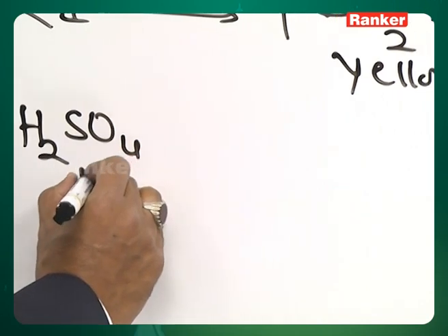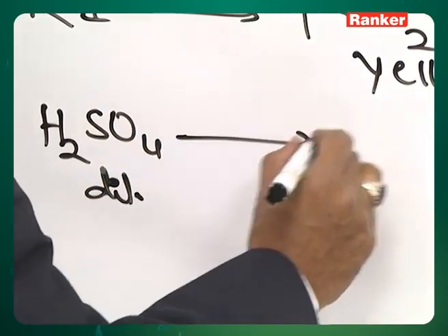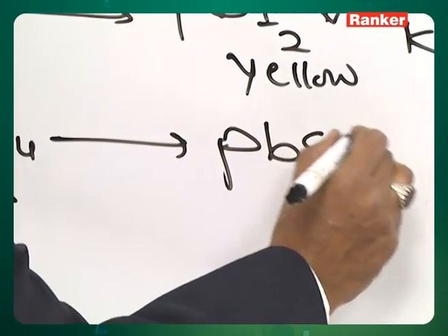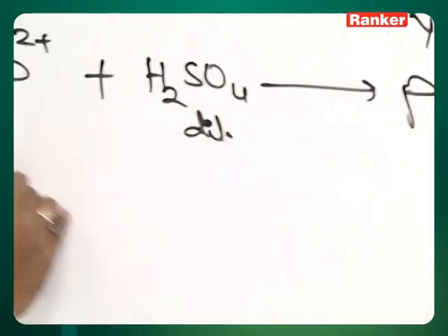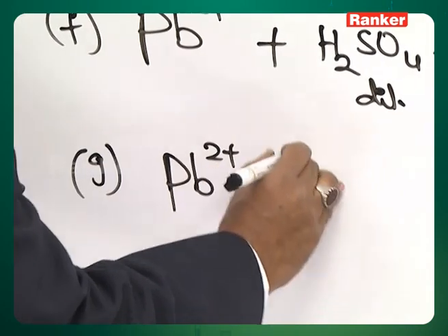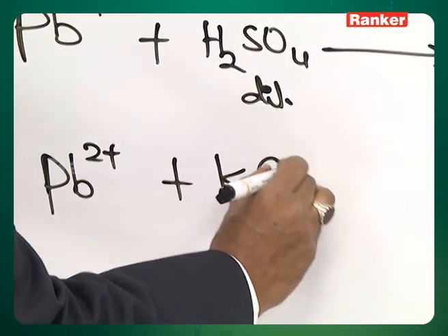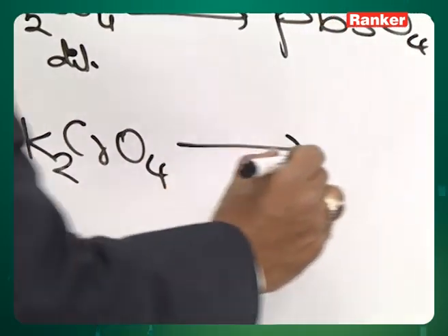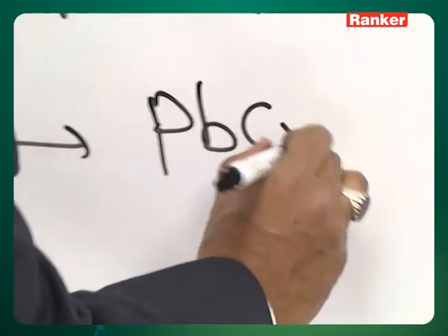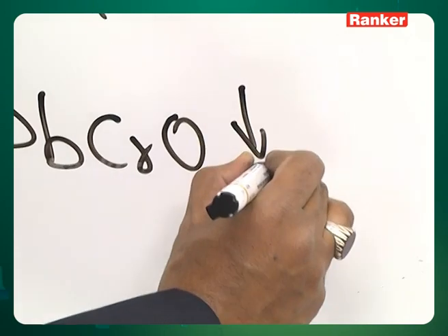With dilute sulfuric acid, it will give a white precipitate of PbSO4. Pb2 plus plus K2CrO4, potassium chromate, and you get PbCrO4. It's a yellow precipitate.